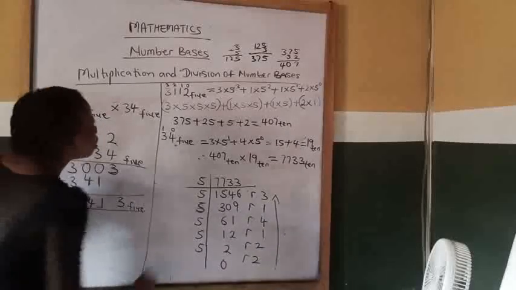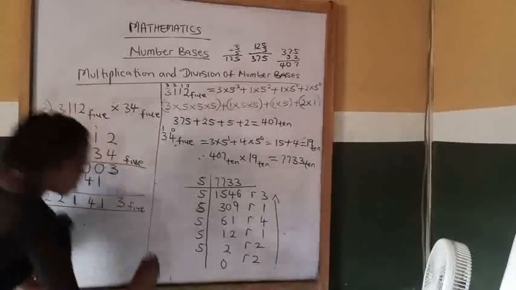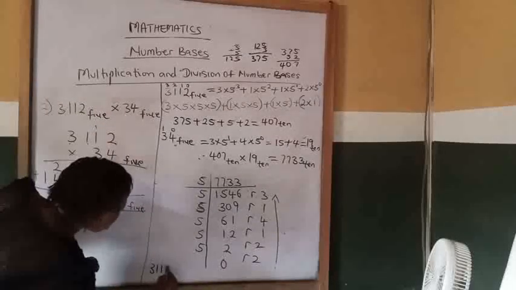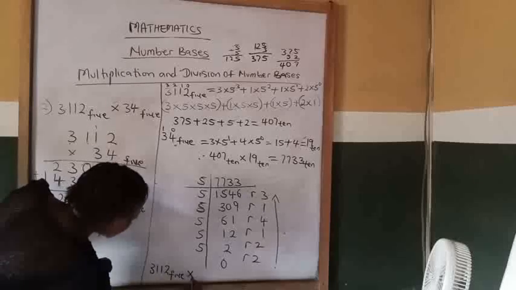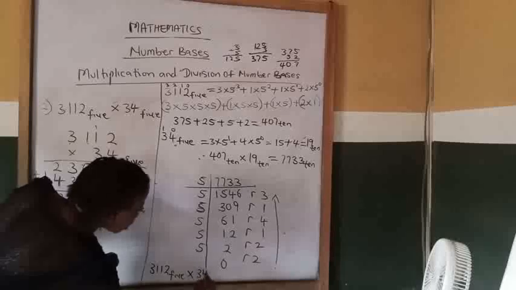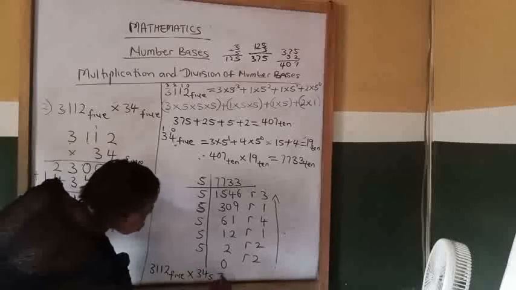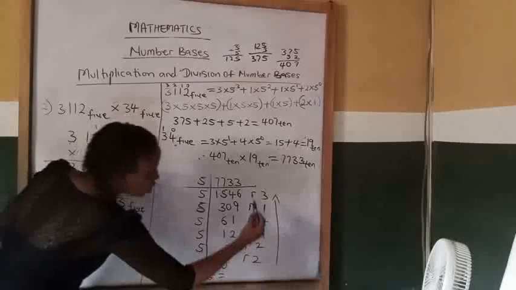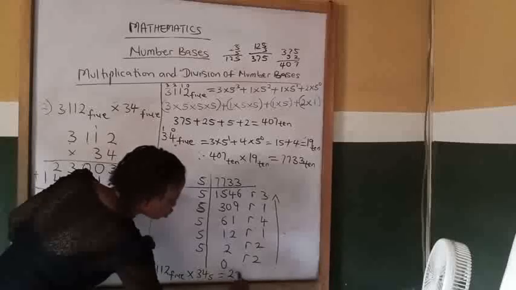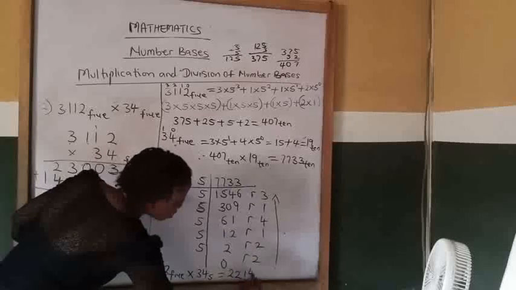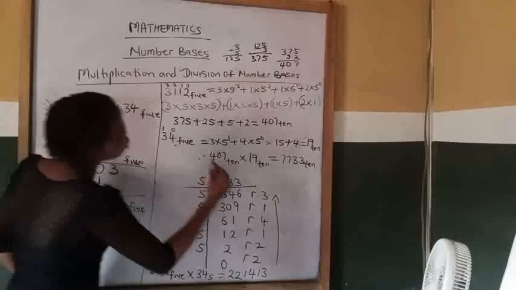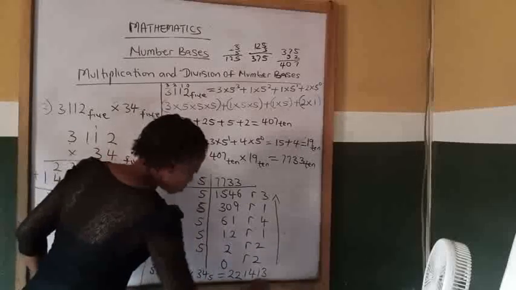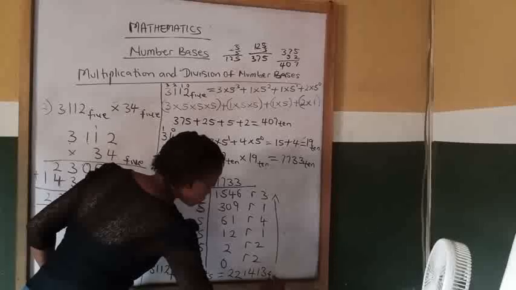So we are going to bring the two numbers together now. 3112 base 5 times 34 base 5 equal to, the upward collection of the result, that will be 2, 2, 1, 4, 1, 3 base 5, because we are converting to base 5.